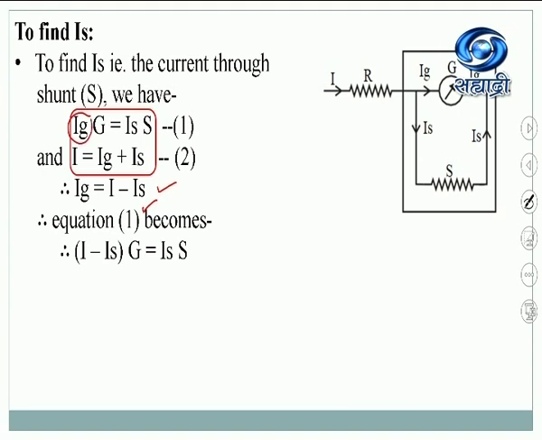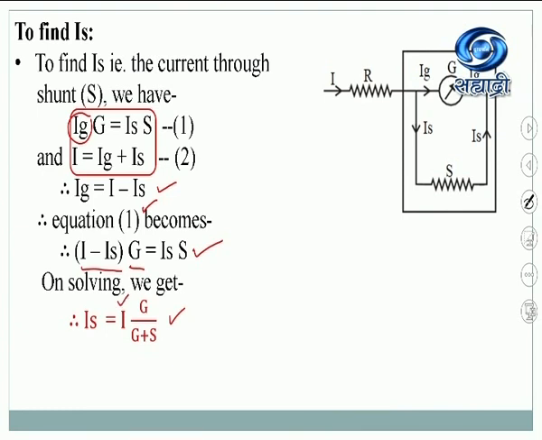Instead of Ig, we shall now write (I minus Is) into G equal to Is into S. On solving this, we get Is equal to I into G upon G plus S. So if I know how much maximum current I want to measure in the circuit, that is I, G, that is the resistance of galvanometer, and if the value of shunt is known, we can find out the current flowing through this shunt. So this is how we can determine Is.